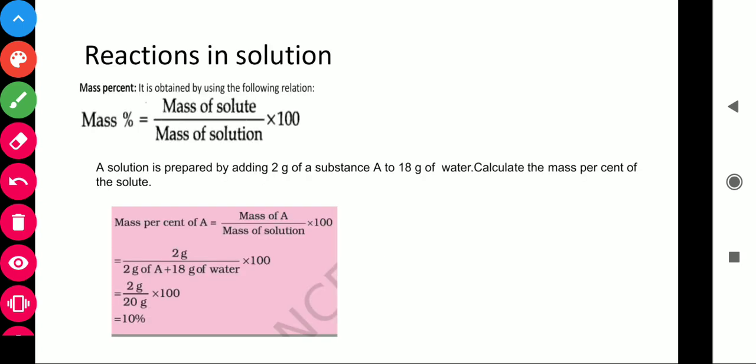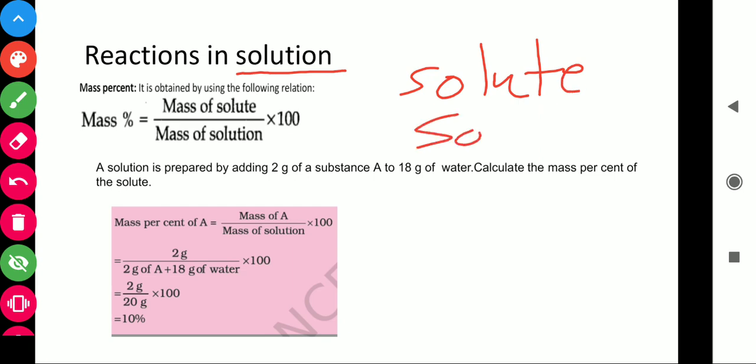Students, let's discuss the different ways to express the concentration of solution. As we know, a solution contains solute and solvent.